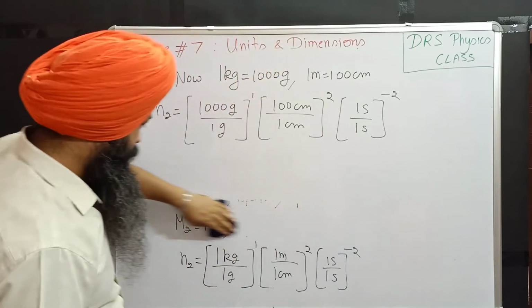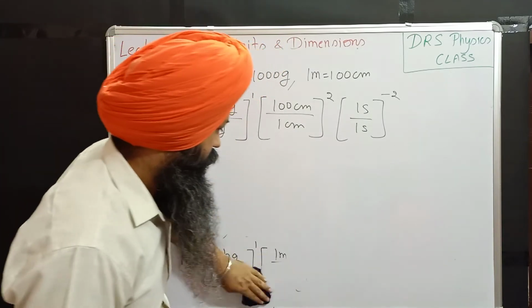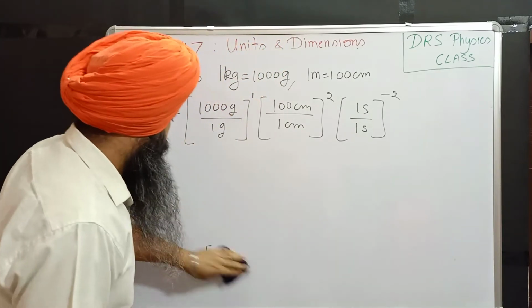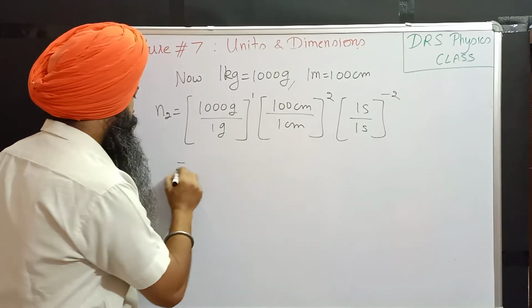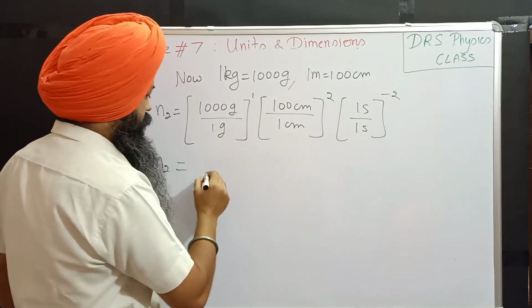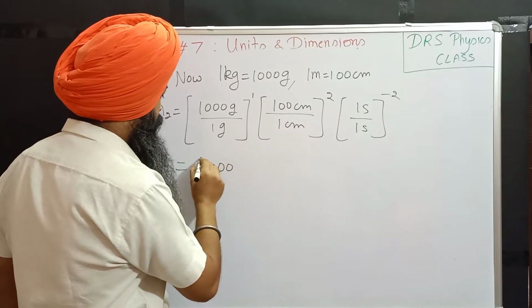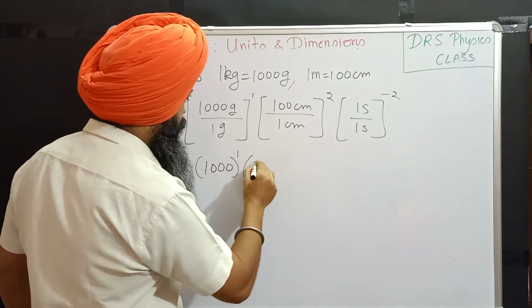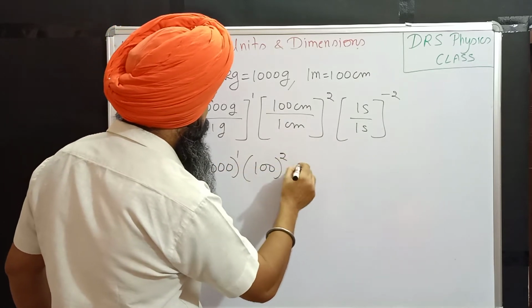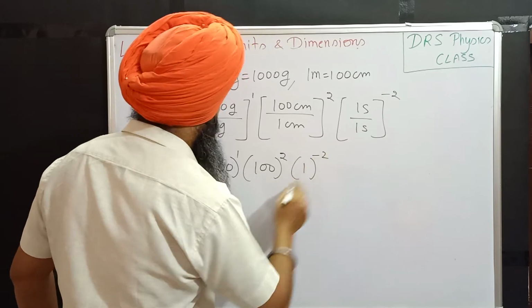On solving these, it comes out to be 1000 power 1, 100 power 2, and 1 power minus 2.